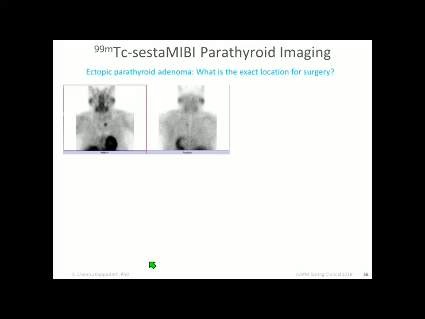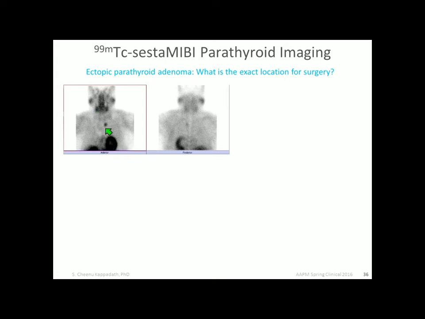Another area that we do a lot of SPECT CT on is parathyroid adenoma. Women, when they hit middle age, have hyperparathyroidism. They have an ectopic adenoma that is producing a lot of parathyroid hormone, so the treatment is to resect the adenoma. In the past, you administered sestamibi, the same one you use for MBI and cardiac, as you can see here, the myocardium is lit up.